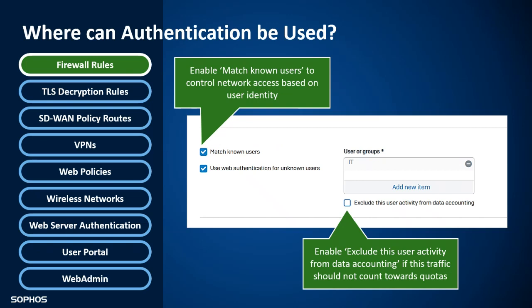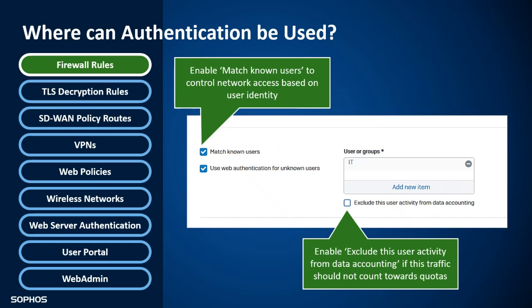This makes the firewall rule a user rule instead of a network rule. If the firewall is unable to match the user's identity, you can choose to enable web authentication, which can then further fall back to displaying the captive portal.